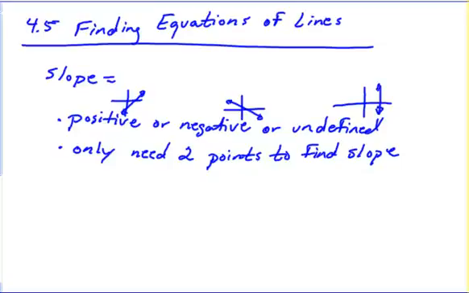A lot of times when I have students trying to eyeball which one's okay and which one's not, I imagine a little person standing on each line. This one here on the left. If he walks left to right, is he walking uphill or downhill? Uphill, right? How about here?